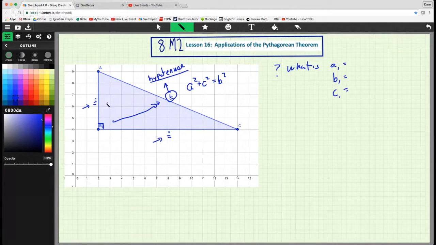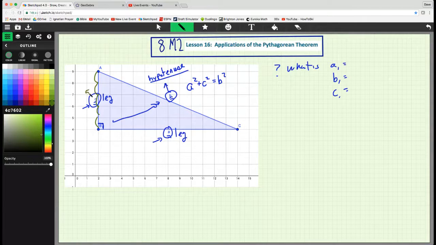So leg 1 squared plus leg 2 squared. This is a leg, and this is a leg. So let's look at the distances of these legs. This leg is simply from here to here. We can just count that out. That's 1, 2, 3, 4, 5.